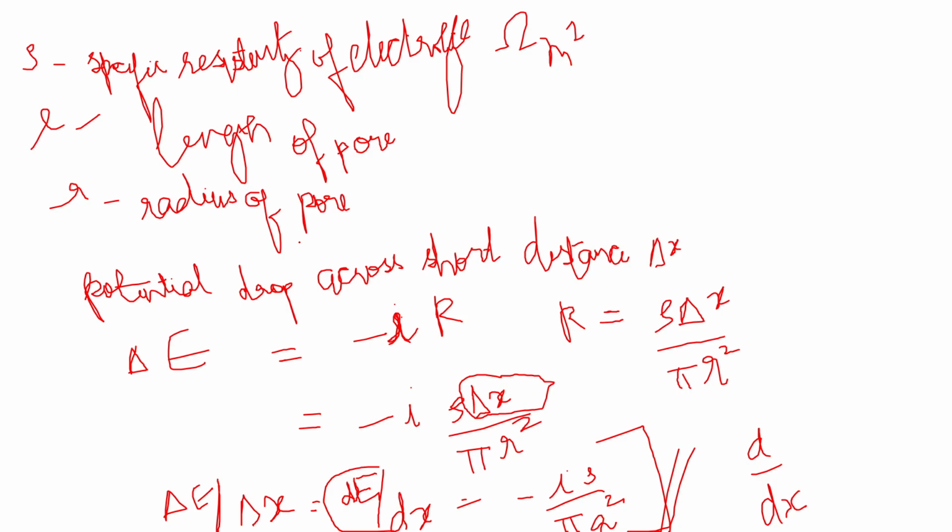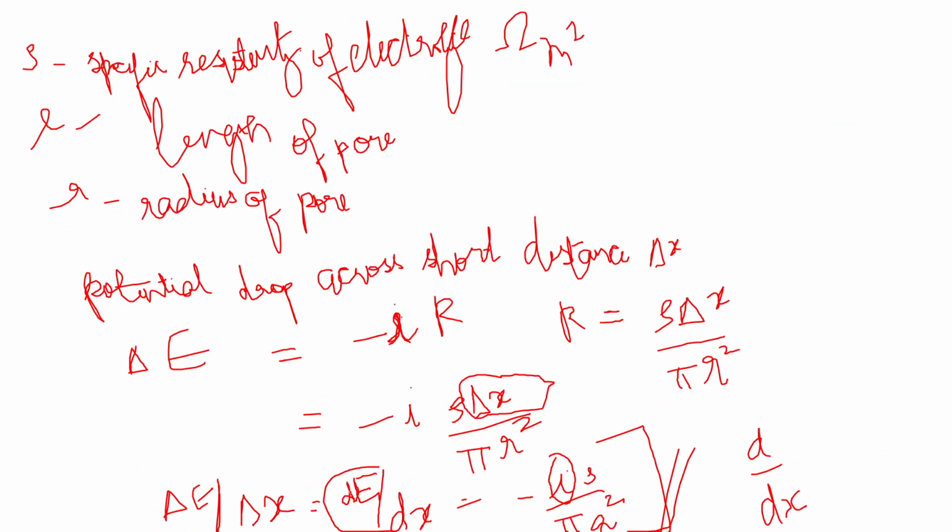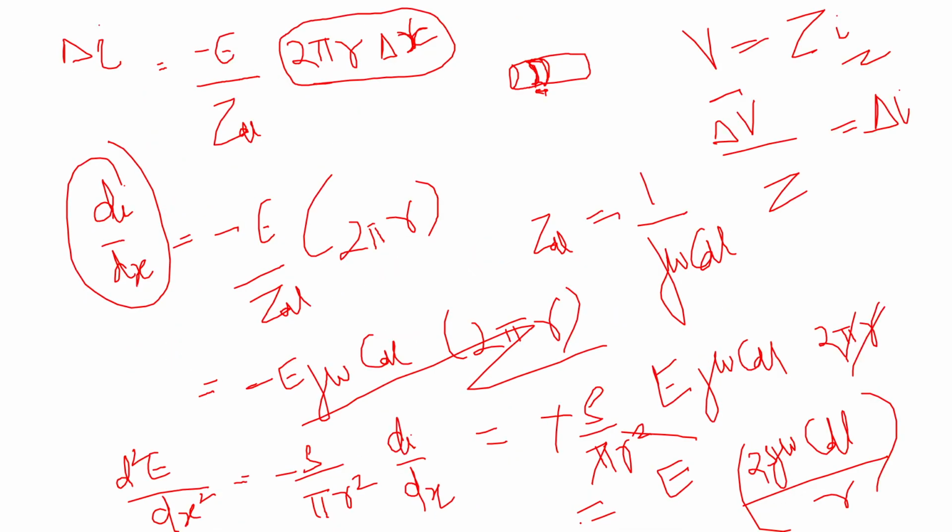So I want to make it in terms of only one variable. I have dE by dx equal to minus I into rho by pi r square. So what I can do is substitute for I, but I know only dI by dx. So I'm double differentiating it. It becomes d square E by dx square equal to minus dI by dx into rho by pi r square. Then I'm substituting the dI by dx value from here.